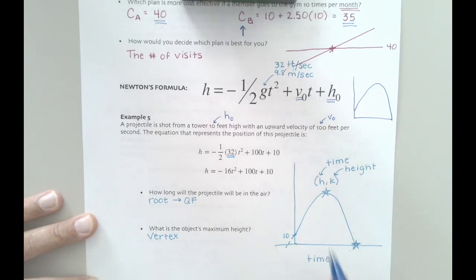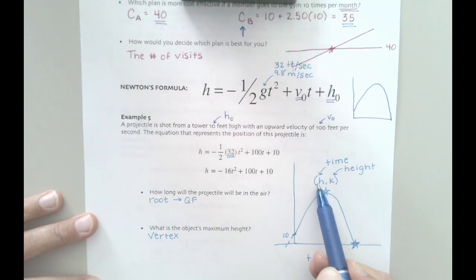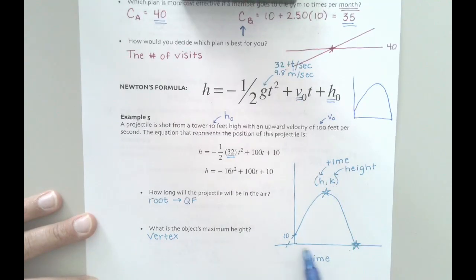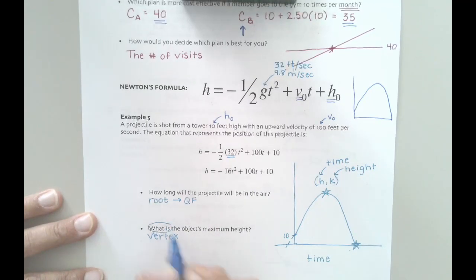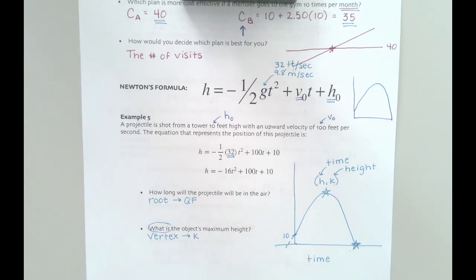The problem with this is that you want to think h represents height, but because h is an x value, this is time and this is height. So this question wants to know what is the maximum height, which means I would look at the vertex, but what I really need is the k value. If the question asked when will it reach the maximum height, then I would need the x value here from the vertex. That's when, and this is how high.